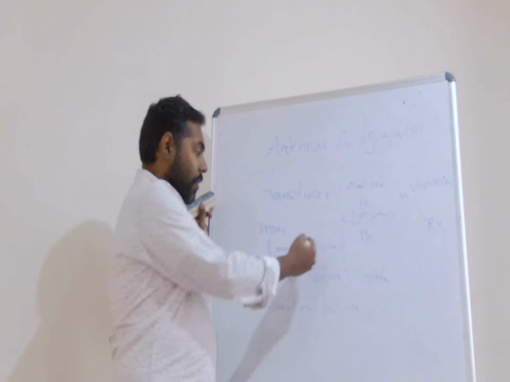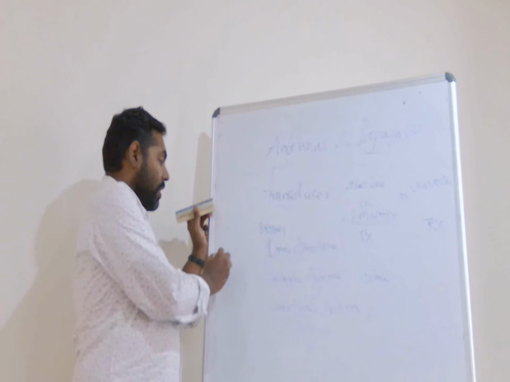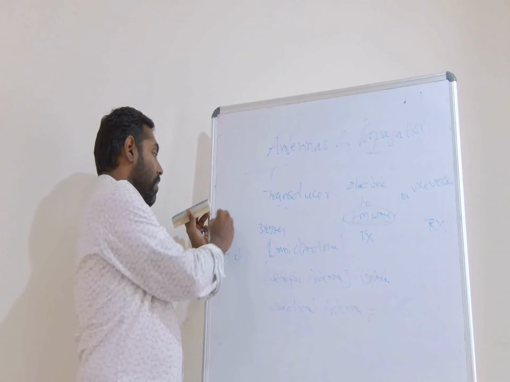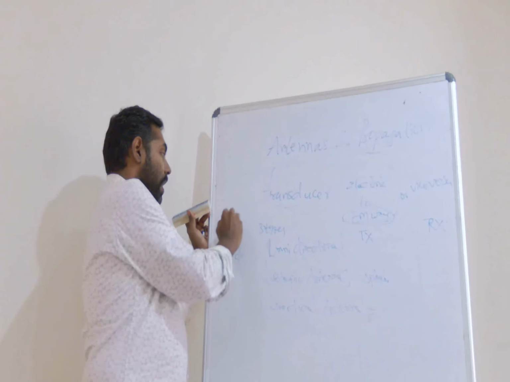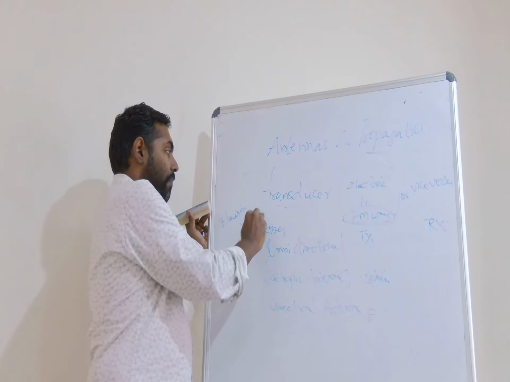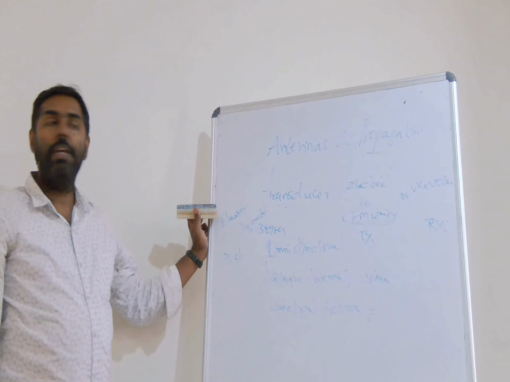Coming to omnidirectional and directional antennas, you must be familiar with the terms theta and phi. Theta is the elevation angle, as you have already studied in EMTR. Phi is the azimuthal angle.